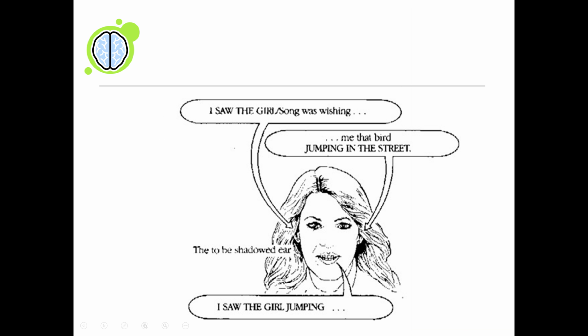So the interesting thing is that the unattended message is being monitored at some level, because if it wasn't, you probably would be saying, I saw the girl, I saw the girl, song was wishing, because you'd just be paying attention to that one ear. But you're not. You're able to switch to that other, unattended ear.